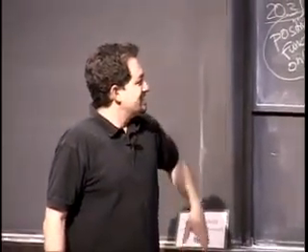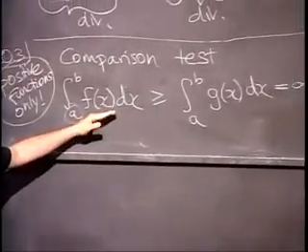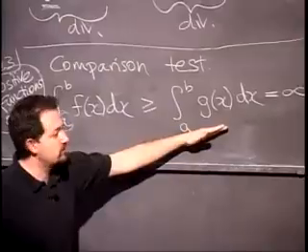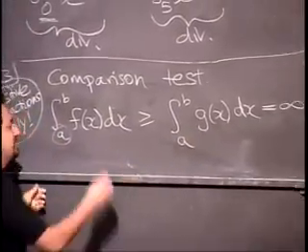Okay, so if that's the case, here you have a quantity that is greater than or equal to something which we already know to be infinite. Therefore, it itself is infinite.